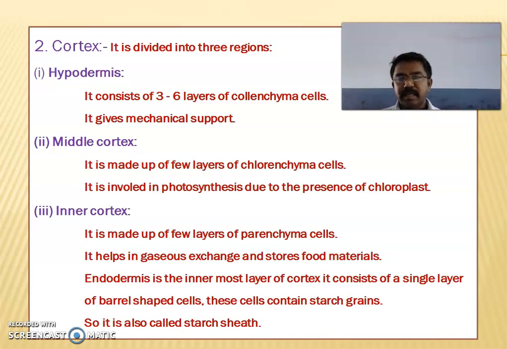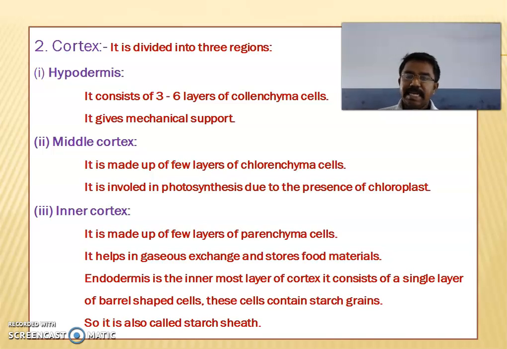It gives mechanical support. That is its main function. Then the middle cortex. It is made up of a few layers of chlorenchyma cells. It is mainly involved in photosynthesis. This region contains chloroplasts.